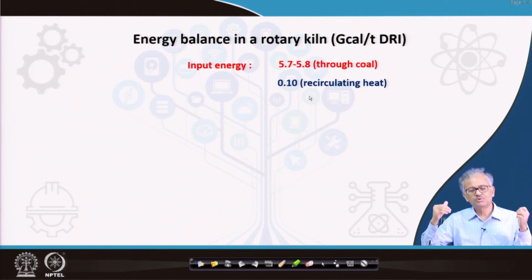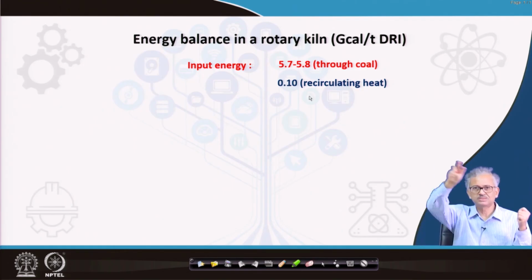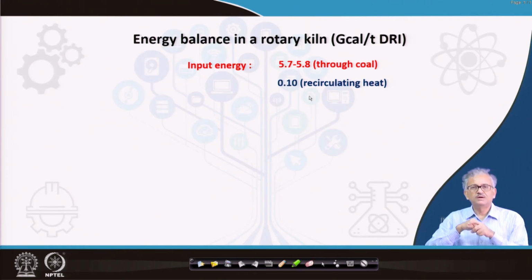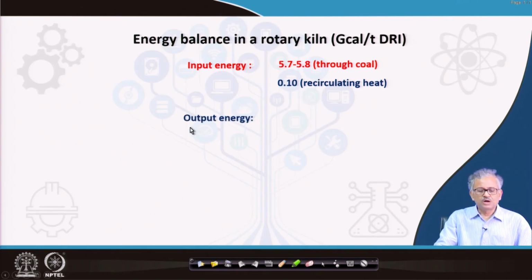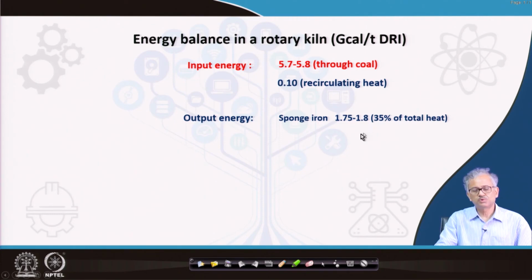Then there is recirculating heat of 0.1, because the coal is the reductant and the energy producer. So the major energy comes from the coal only, and some sensible heat you can recirculate.